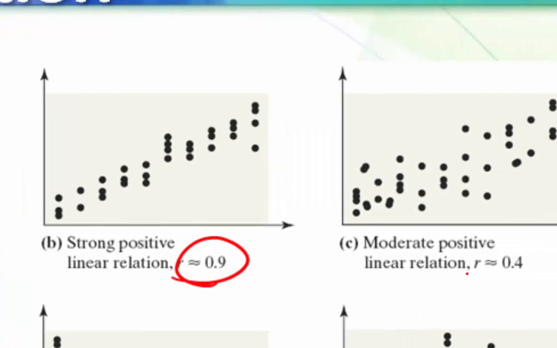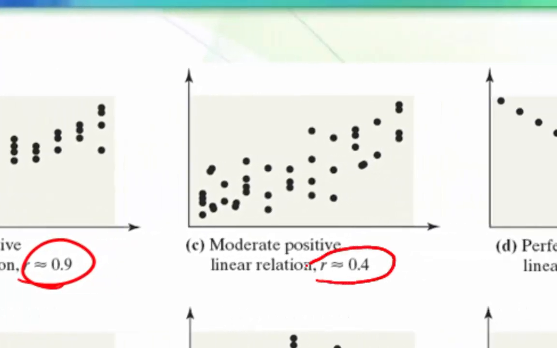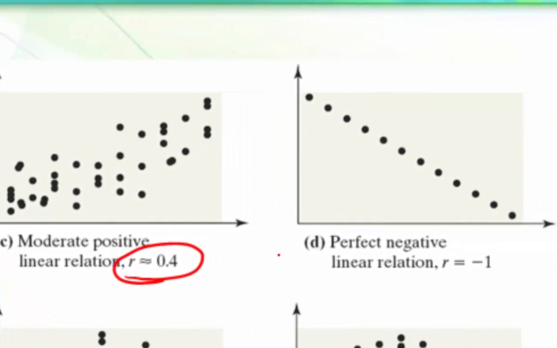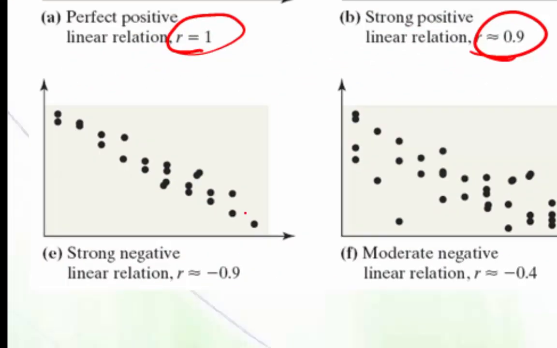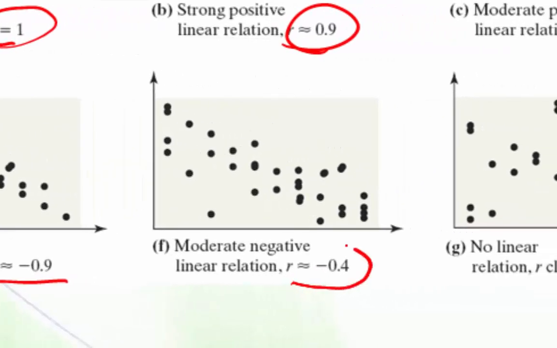And as the R values get closer to 0 and further from 1, you can see the spread in the points. Then we move on to a perfect negative correlation, an R of -1. And here's an R of about a -0.9. Again, you see the points begin to spread out away from the line, and an R of about -0.4 with more scatter.